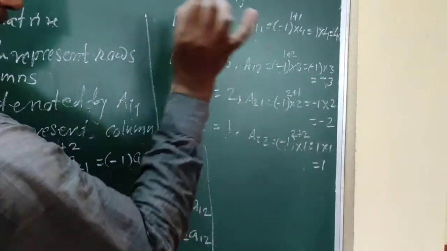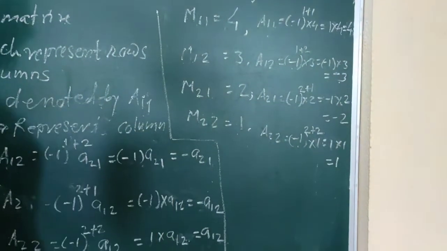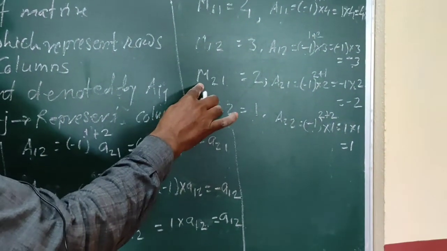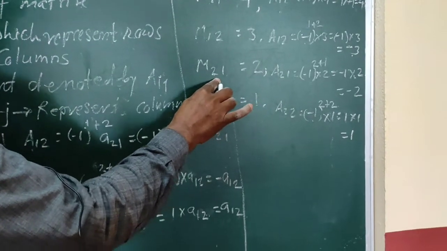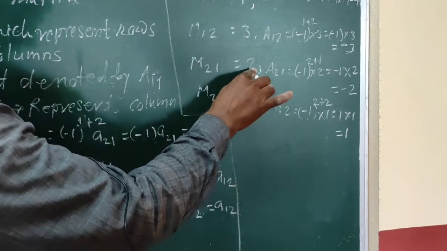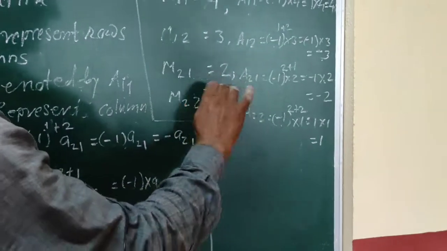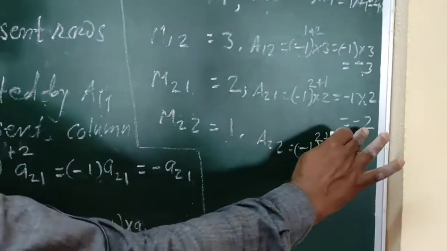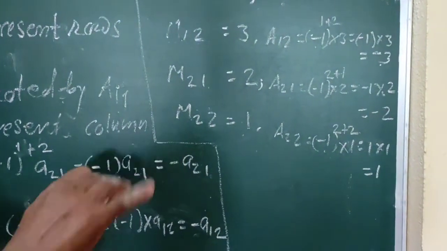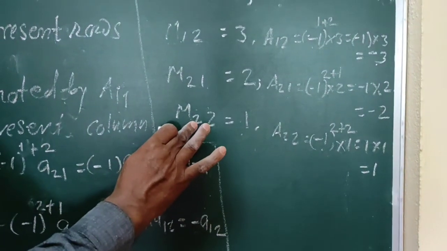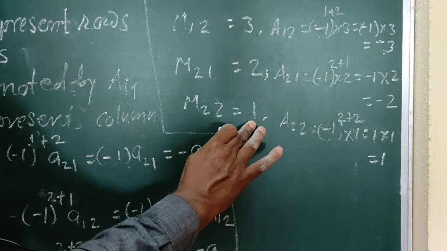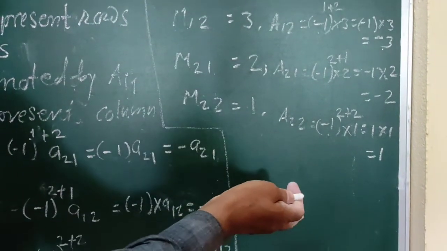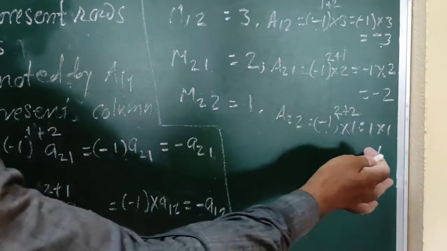Without using the formula, we can determine the cofactors here. Again, 2 plus 1 is 3, an odd number, so the minor is 2, therefore there is a change in sign and the cofactor is minus 2. Similarly, 2 plus 2 is 4, an even number, so the minor is 1, and the cofactor is also 1.